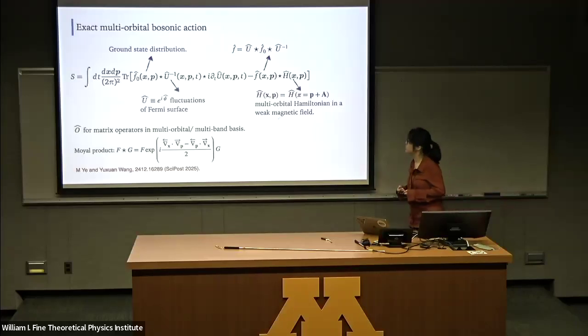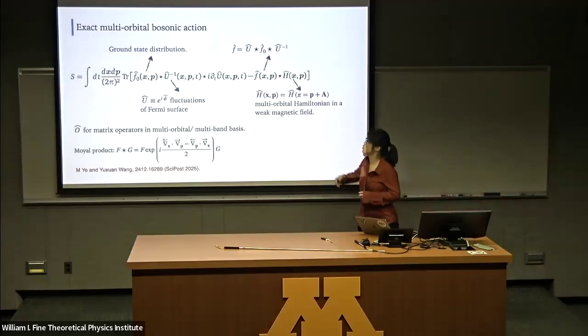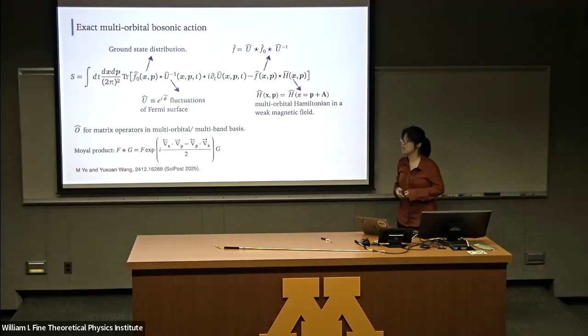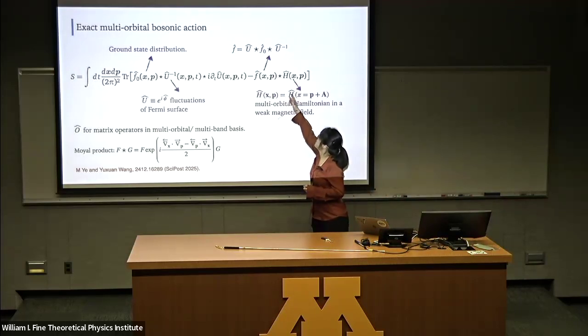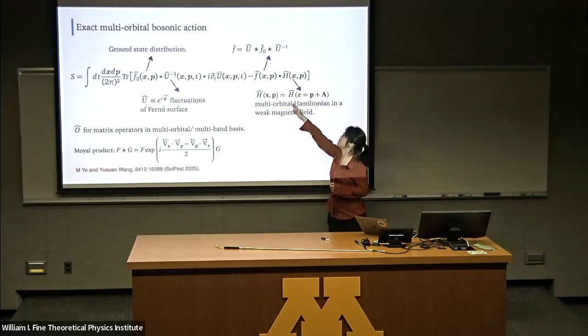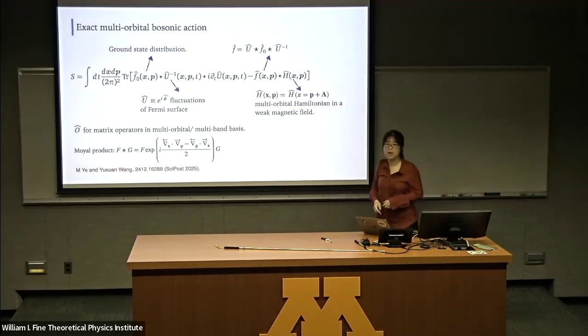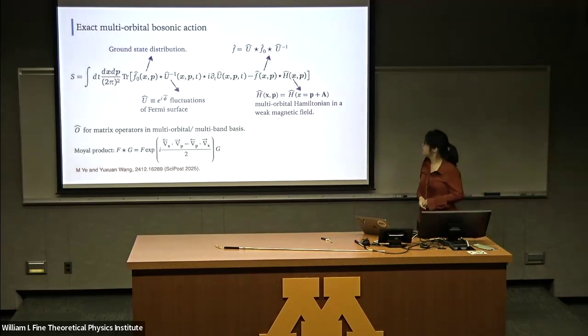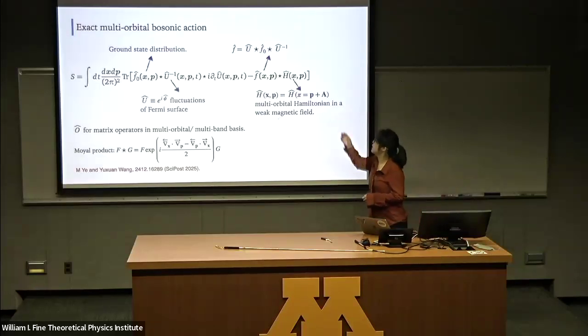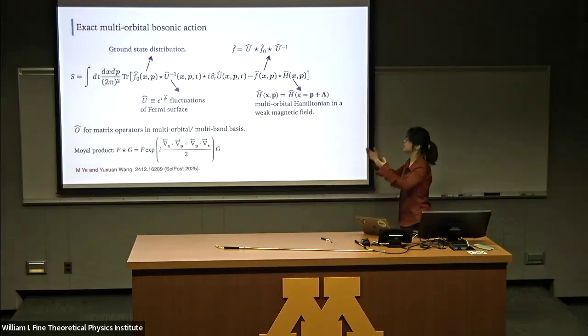Furthermore, we show that we can generalize it also to multi-orbital systems. This generalization is exact if the product between the distribution function and all these free space functions is in terms of the Moiré algebra. And here, this effective action essentially tells us that it is a mapping from the free space coordinates to the target manifold of the co-adjoint orbits.